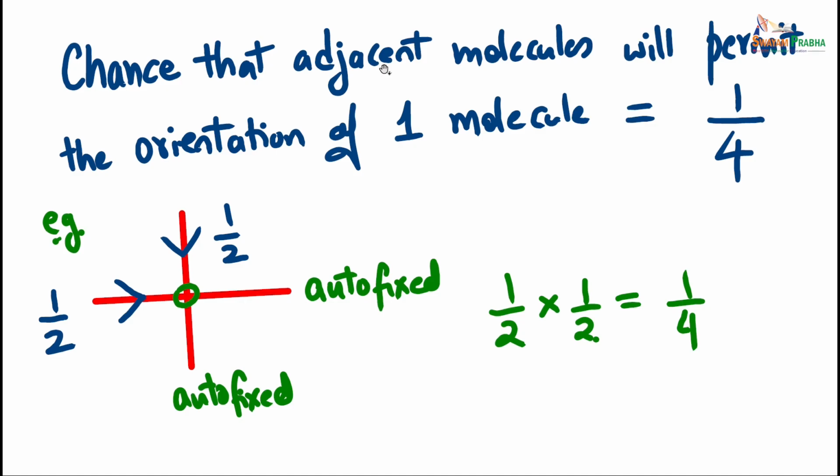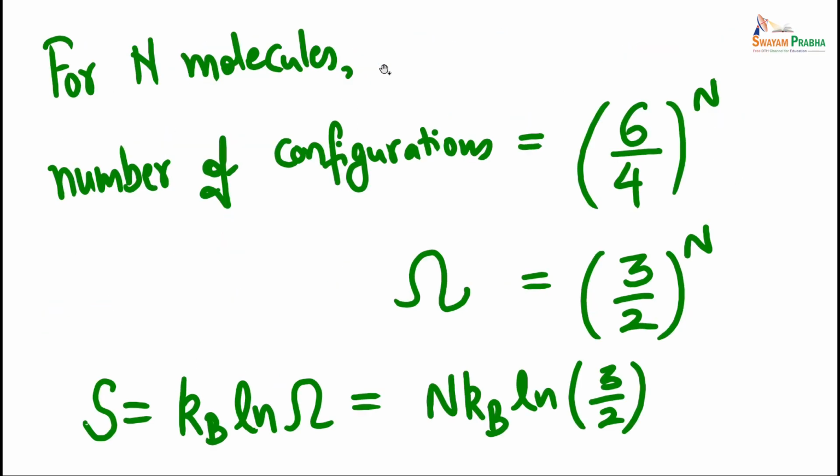Example, if I am looking at this orientation, which is one of the 6 orientations, here it could be in or up or down depending on the neighbor, and this could also be in or this side depending on the neighbor, with half probability. The neighbors are influencing, and there is another factor of 1 by 4. So it's 6 by 4 to the power n.